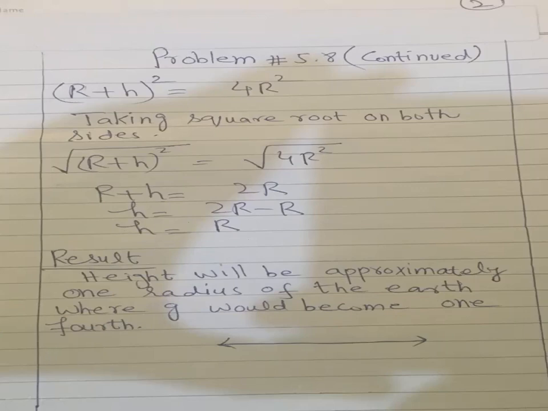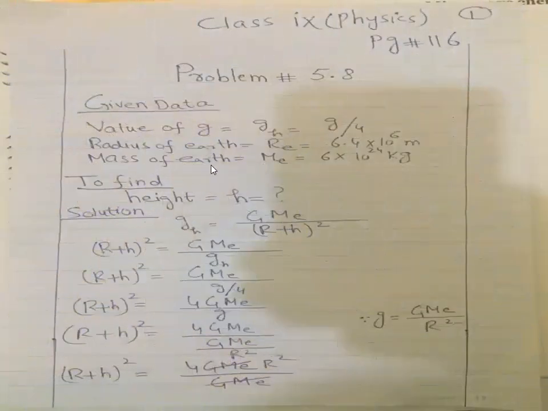So if I repeat this problem 5.8 to you, value of g is g by 4. I read the numerical for you: at what altitude the value of g would become 1/4 than on the surface of the earth. Problem is 5.8. Value of g is equal to g by 4, as I have told you on page number 111.